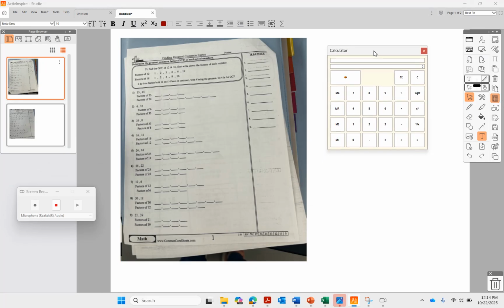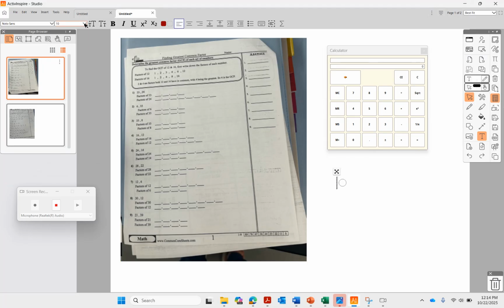I am doing this on my laptop, so the quality may not be as good as other videos, but we'll try this. So in this one, they want us to find the greatest common factor. And that basically means, let's make this a little bit bigger.